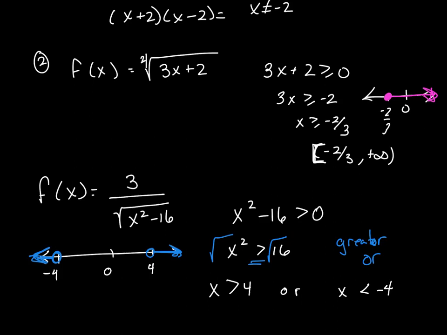The way to write that in interval notation goes from negative infinity to negative 4. But I have to add in that next part of it, which is why I use the union symbol, and I go from 4 to positive infinity.